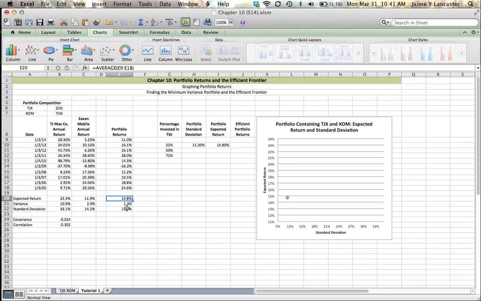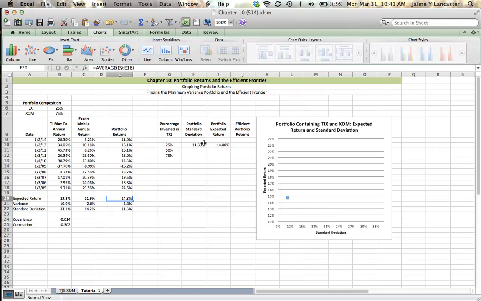I just got those numbers here. And when I type those numbers in, because I already have it set up, you aren't going to need to do this. I just want to illustrate the point. This marker shows that this particular point represents a portfolio with a standard deviation of 11.3 and an expected return of 14.8.